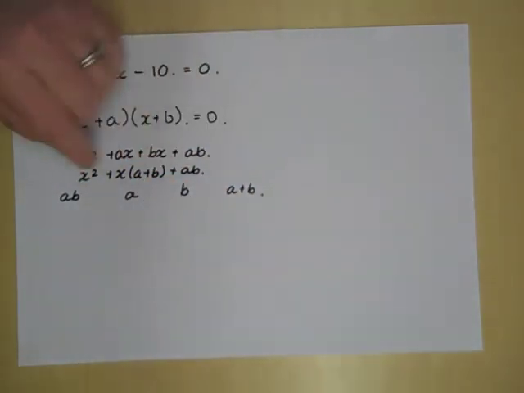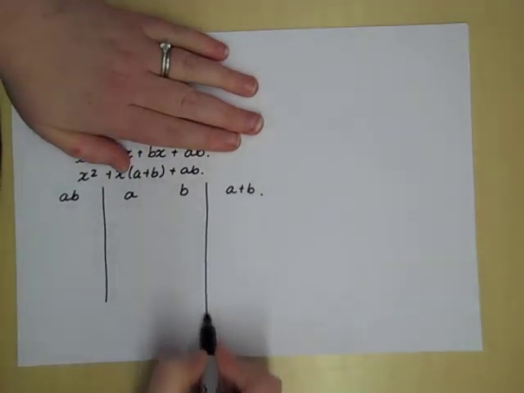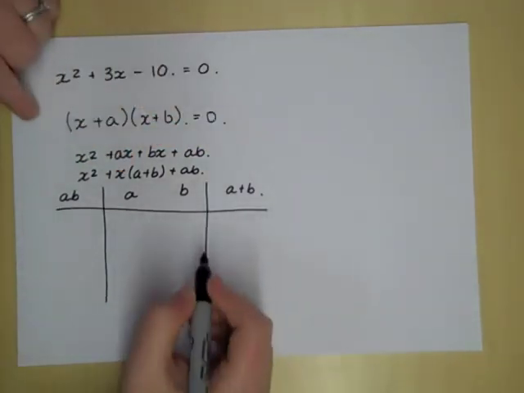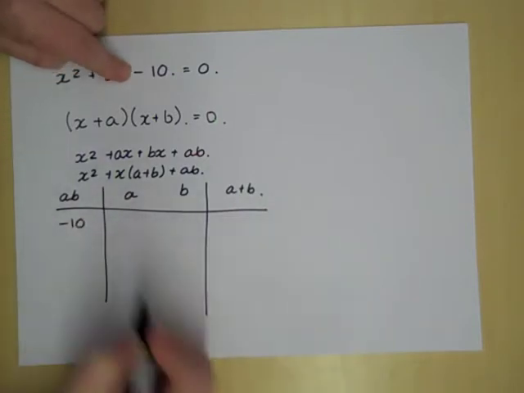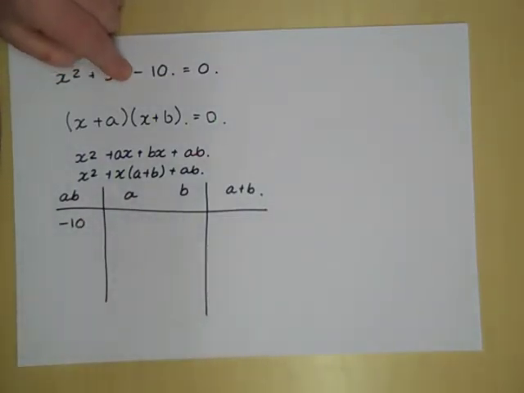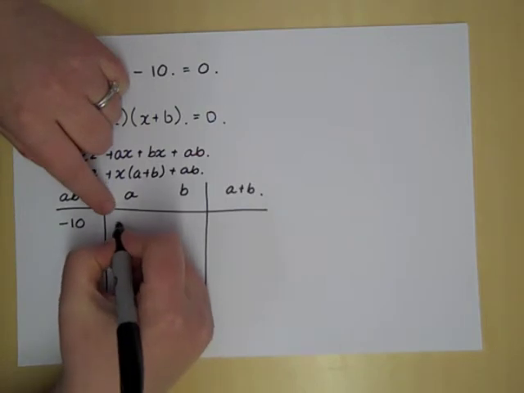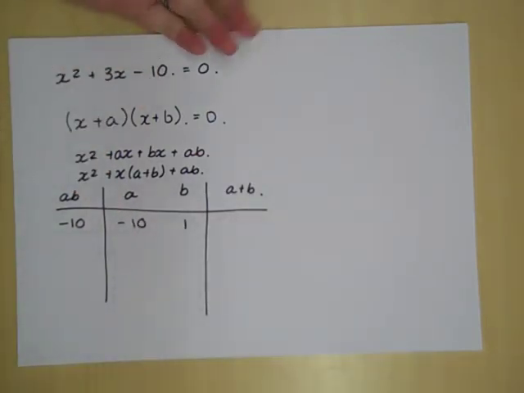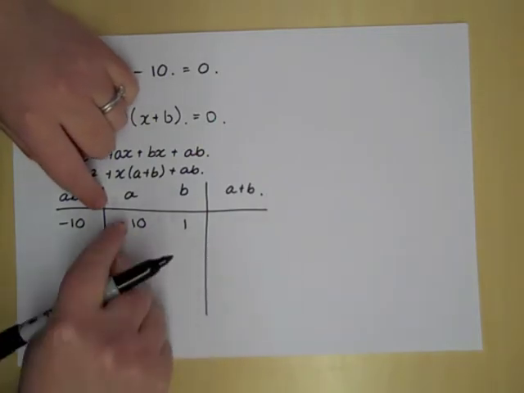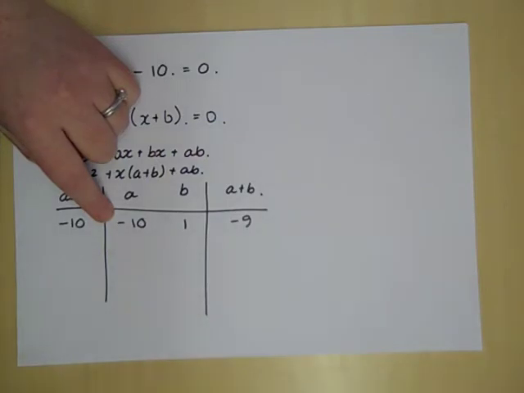So if I have this little table here, what I can do is I can have, okay, so A multiplied by B is minus 10. Now, what are the possible ways that I can think of making minus 10? So I just need to pick some random numbers. So first one I can think of is A is equal to minus 10, B is equal to 1. That will get me there. In this case, A plus B is going to be minus 9.